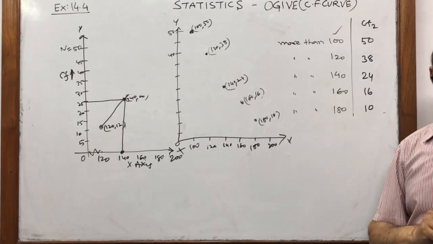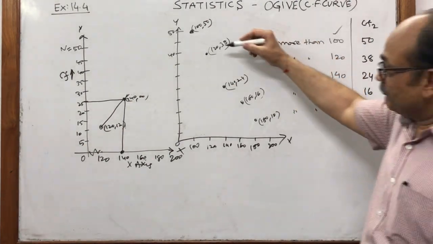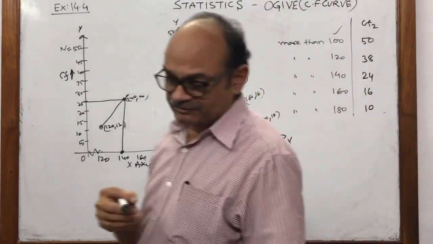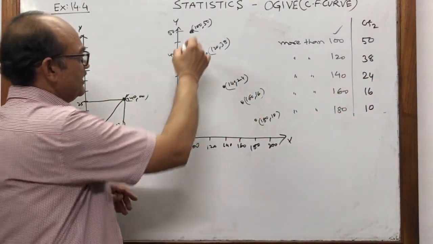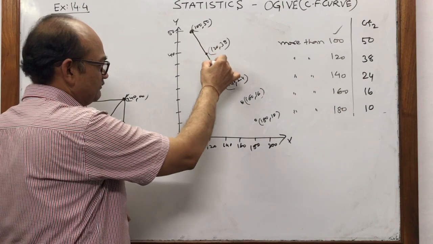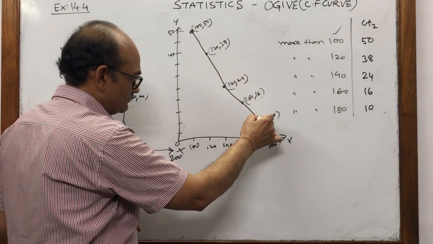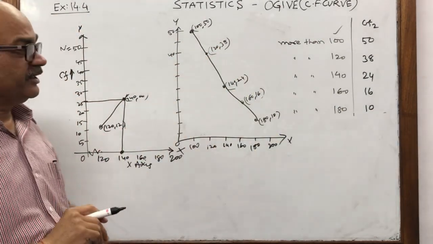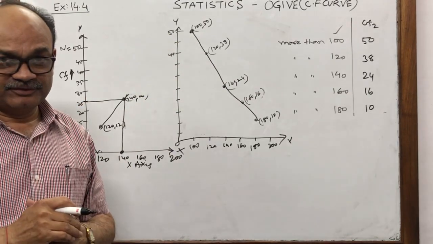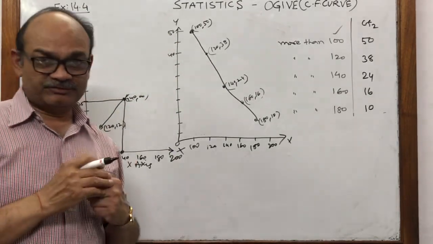These are the coordinates. Again, you have to join a freehand curve without using a scale. So here, using freehand, this curve is said to be more than ogive, more than cumulative frequency curve.